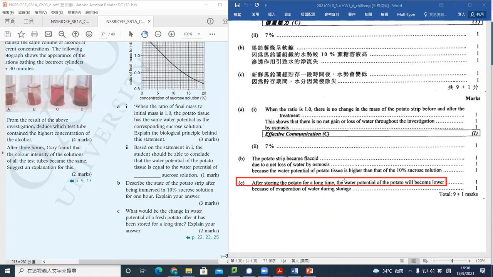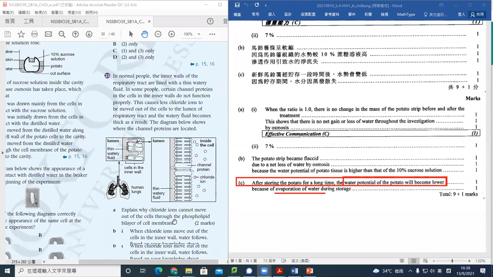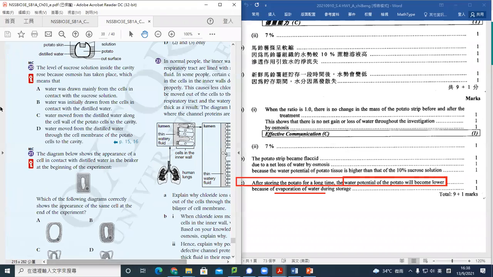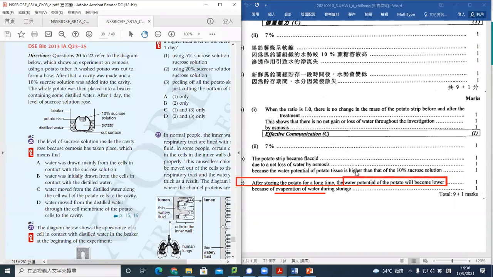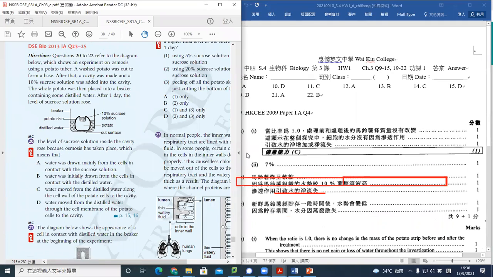Because the water potential of potato will become lower because the water has evaporated. They will lose water and the water potential decreases. Okay, last one.